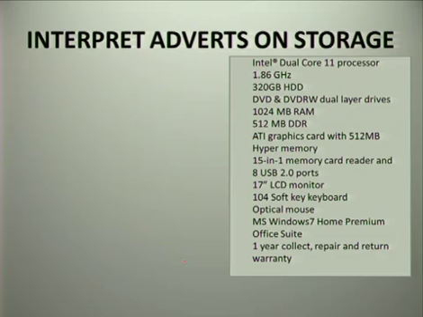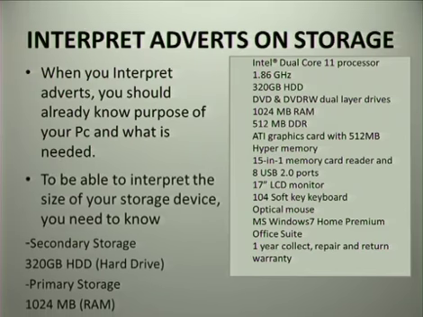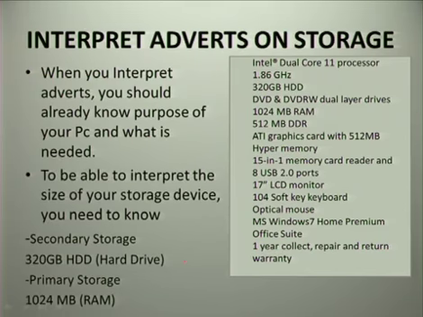And then we're going to look at interpreting adverts in terms of storage. When you interpret adverts, you should already know the purpose of your PC and what is needed. In this advert, we're going to focus on the 2 types of storage. To interpret your storage device, we need to know our secondary storage as well as our primary storage.